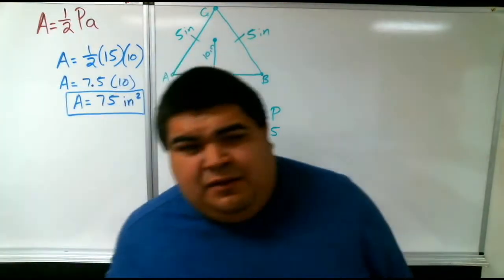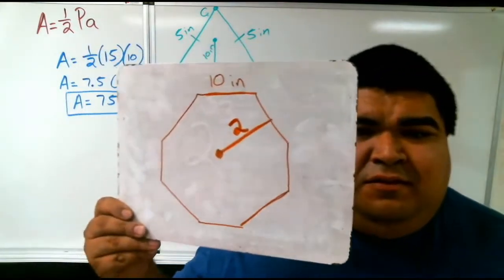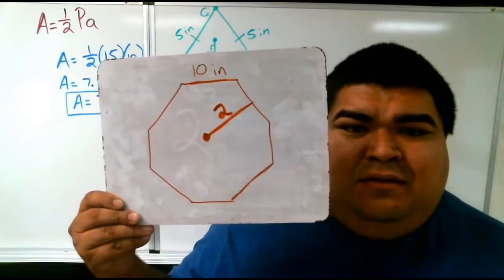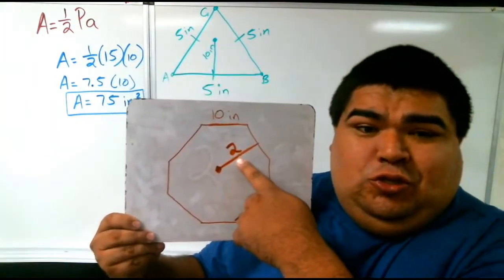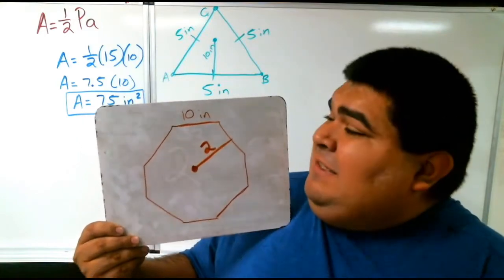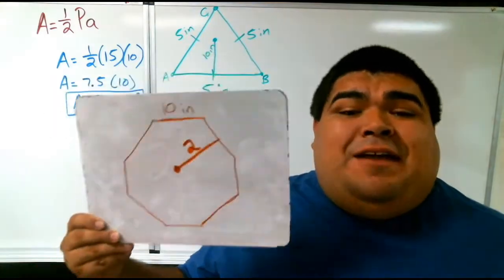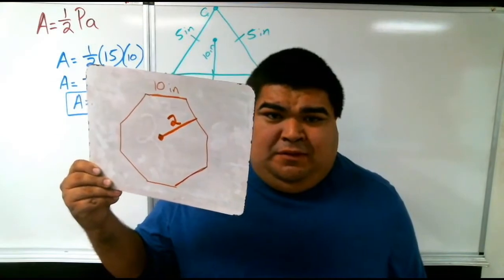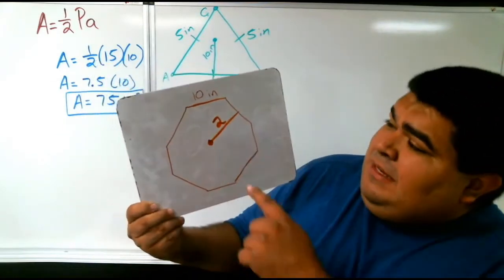What if I had an octagon? Again, our apothem is 2. Our distance, just on one piece, is 10 inches. What we have to do is, keep in mind, how many sides do we have?